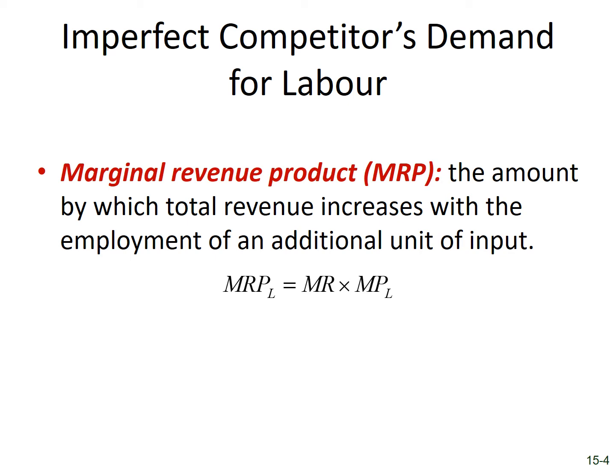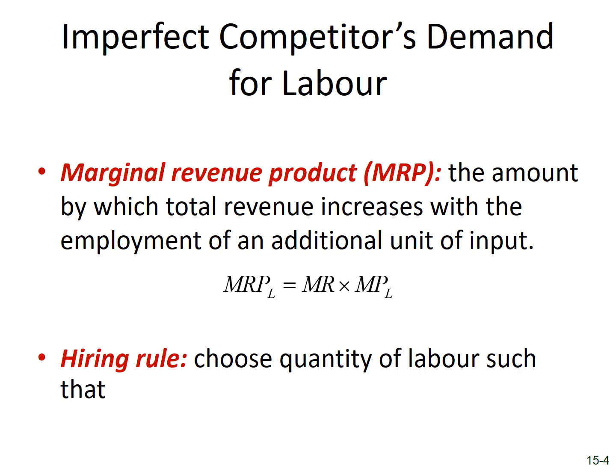Said differently, the firm here faces a downward sloping demand curve, and this is represented by the fact that marginal revenue has replaced price. But the reasoning is really the same whether you're looking at a perfectly competitive firm or at an imperfectly competitive firm in terms of how it is going to make its decision as to what is going to be its optimal level of labor that it's going to employ.